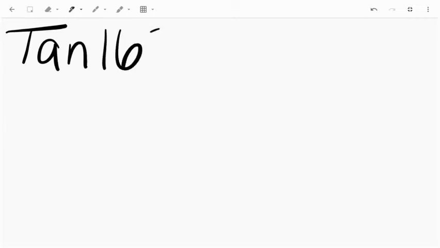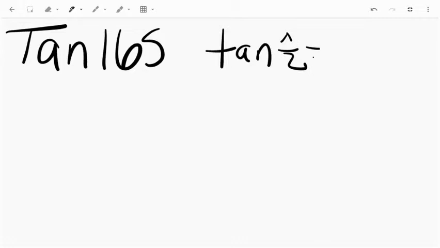So I want you to find the exact value of tan 165. Again, if you plug that in to one of the equations, we're going to use (1 minus cosine x) over (1 plus cosine x). That becomes tan of x over 2 equals 330 over 2.